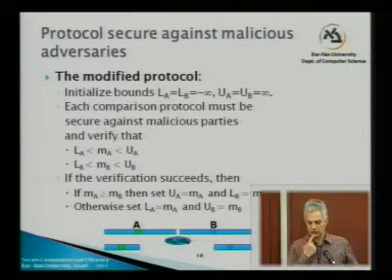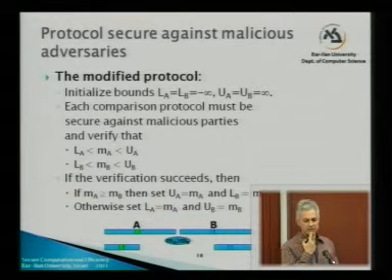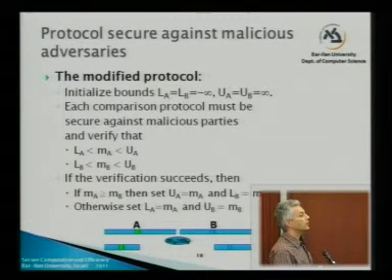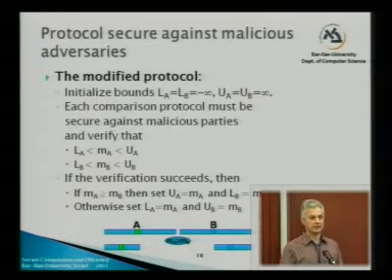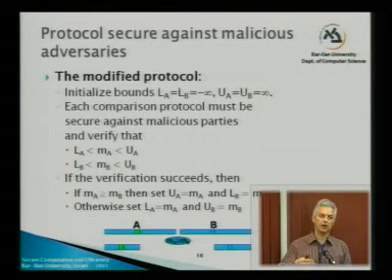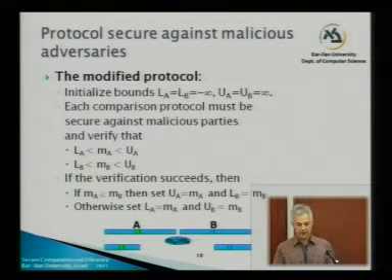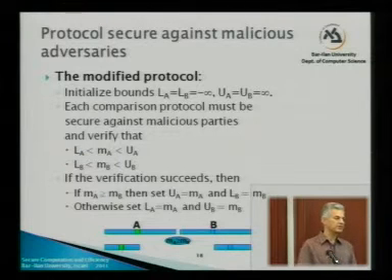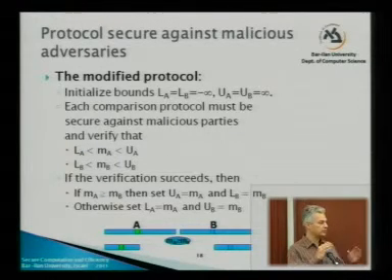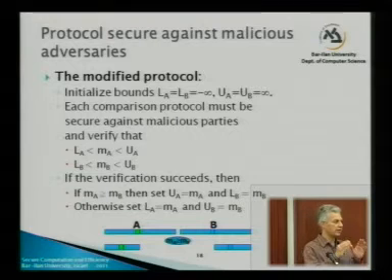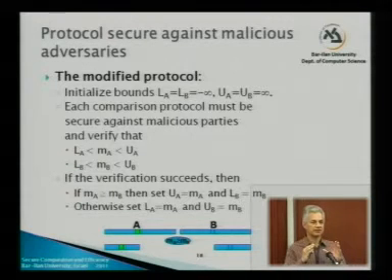So here's the modified protocol. We initialize lower bounds LA and LB for Alice and Bob, and upper bounds UA and UB for both of them. Initially, the bounds will be minus infinity and infinity. These are bounds on the legitimate values in the sets.